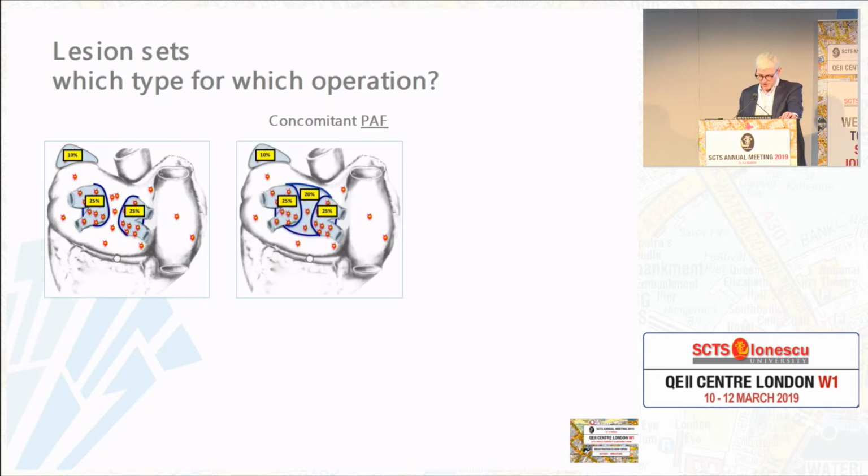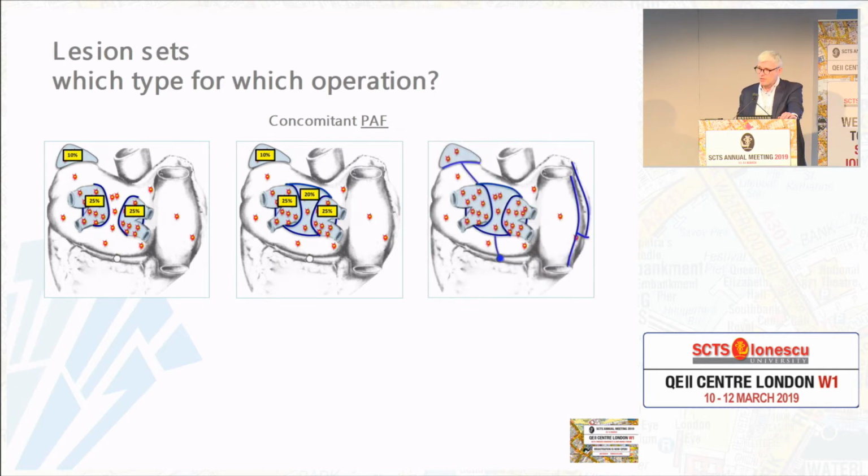If we make a box lesion, we will increase the number with another 20%, up to 80%. If we create a full Cox-Maze-4, we achieve, as described by Jim Cox extensively, a result of sinus rhythm after our procedure of around 90%.